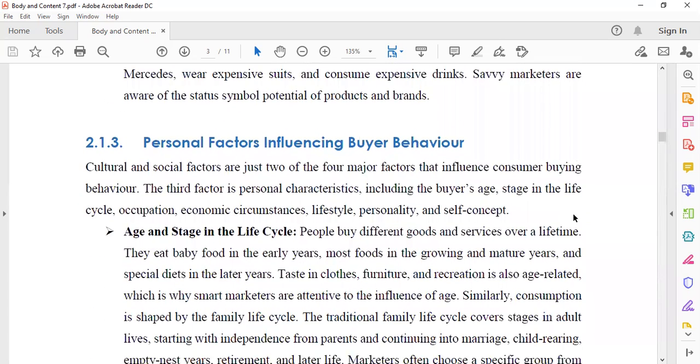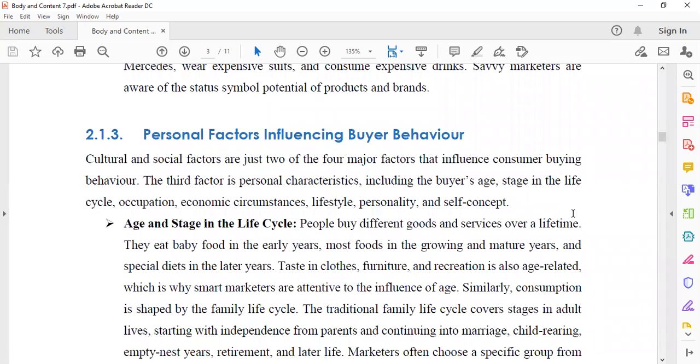The third category of influence on consumer behavior is personal factors. An individual's personal characteristics, such as age, stage in the life cycle, personality, and self-concept, could also be a reason to live in some kind of way, to consume some kind of product.